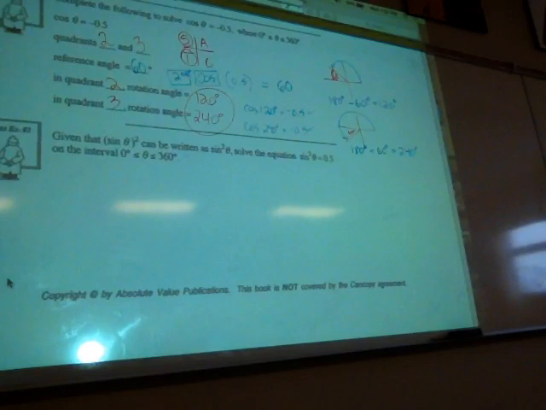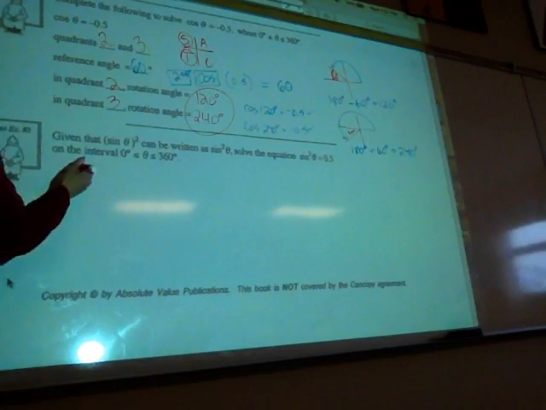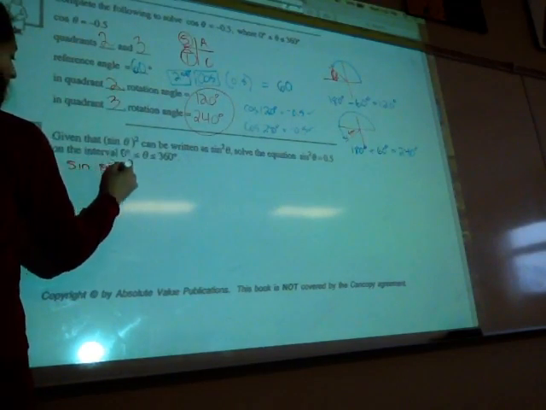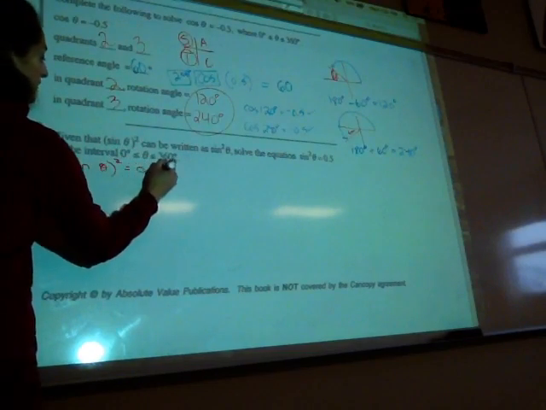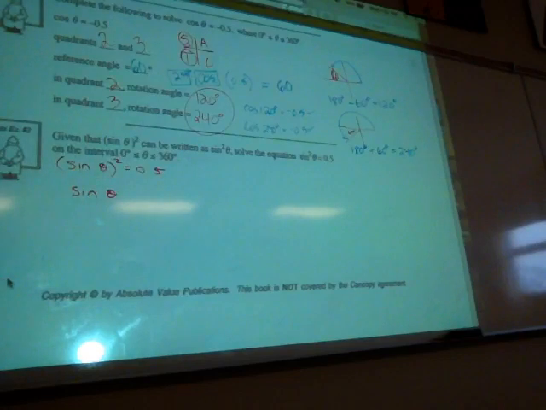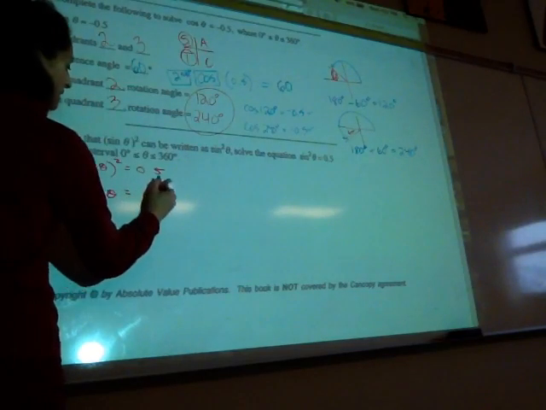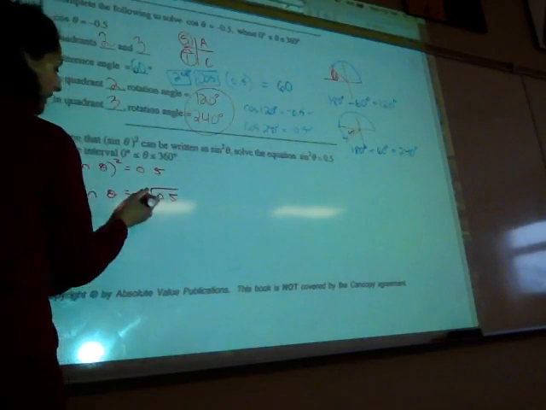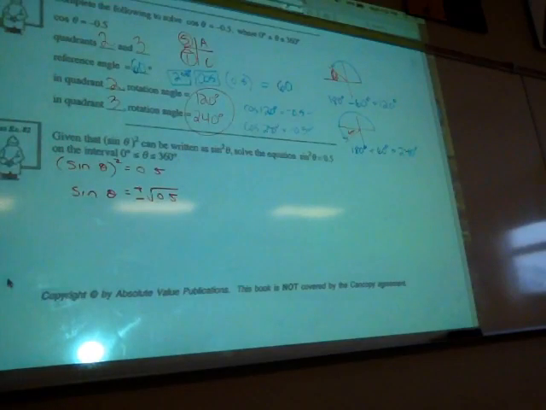Whenever you have a trig ratio, make sure it's isolated first. So instead of sine theta all squared equaling 0.5, we want just sine theta. So to get rid of the square, I'm going to square root both sides. And when we square root, we can't forget to take the positive and negative square root.